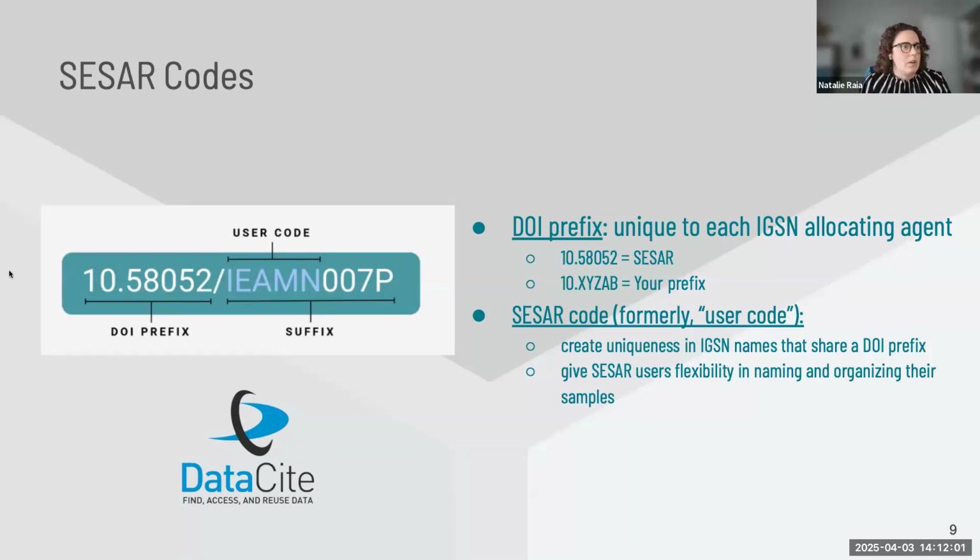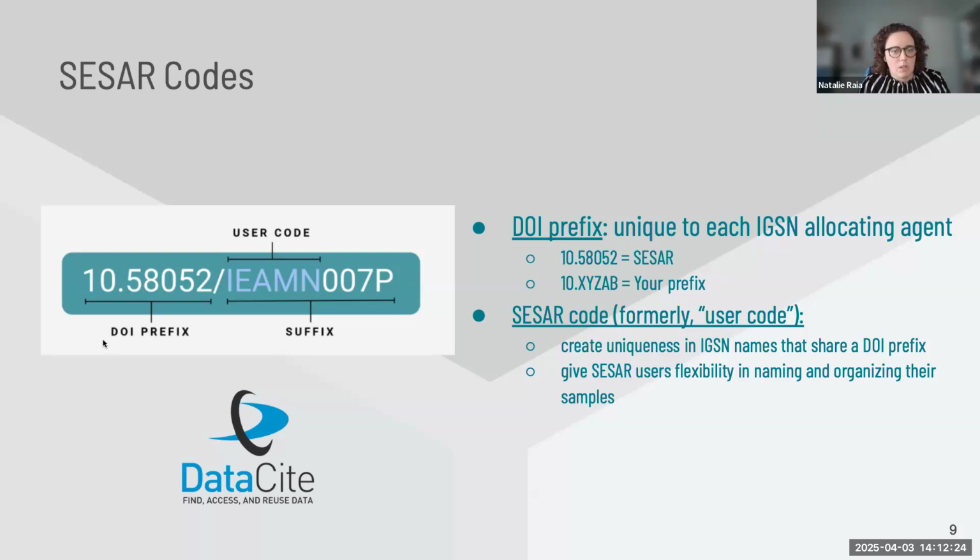And so the architecture of the IGSN, of course, these are now DOIs. So they have a DOI prefix, a backslash, and then that CSAR code. And that CSAR code creates uniqueness in the IGSN names that share a single prefix. Here we're showing the CSAR DOI prefix.